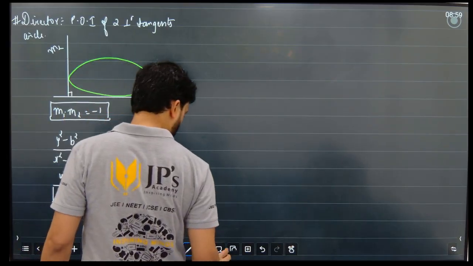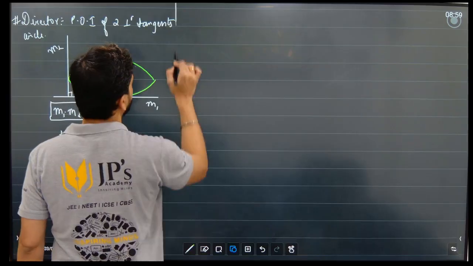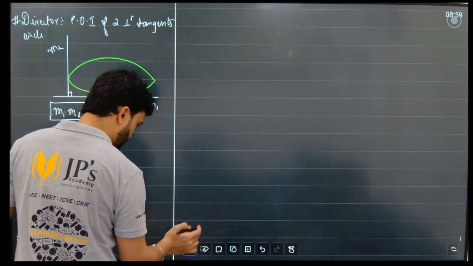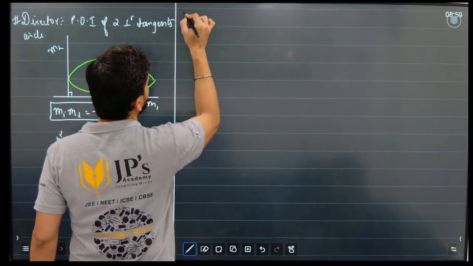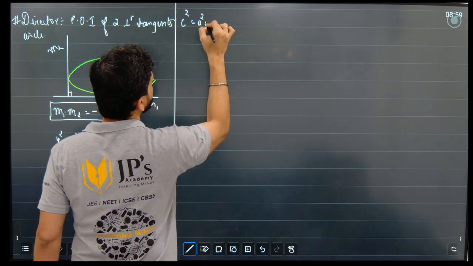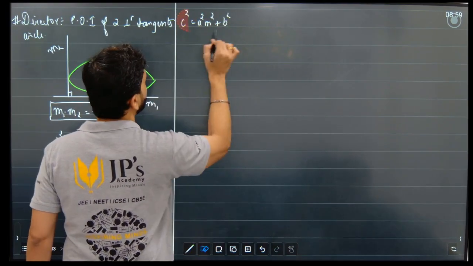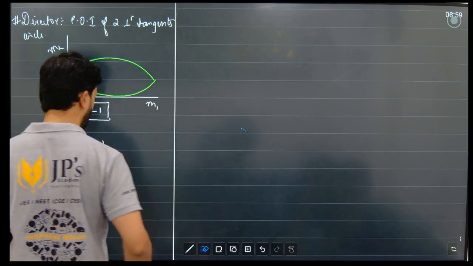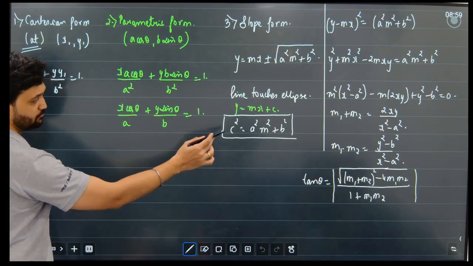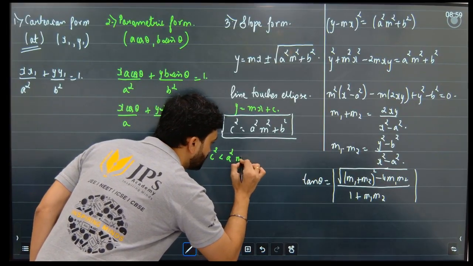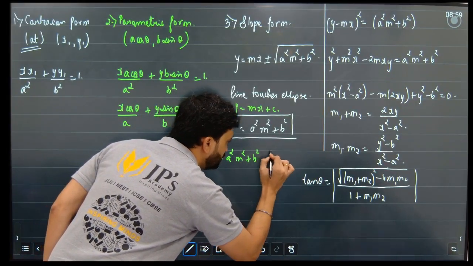Now, see, we wrote that c square is equal to a square m square plus b square, which we can write here in the previous slide. But if c square is less than a square m square plus b square, this is nothing but a chord.